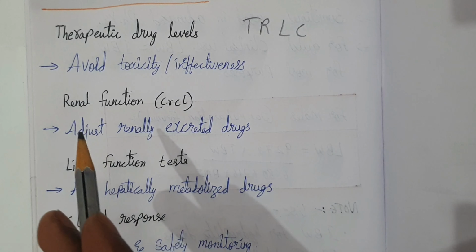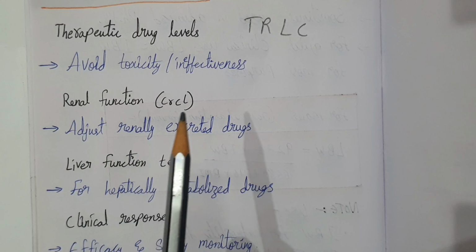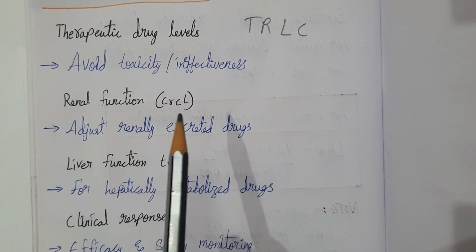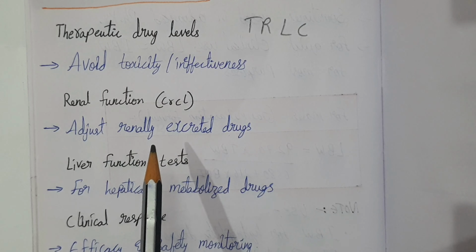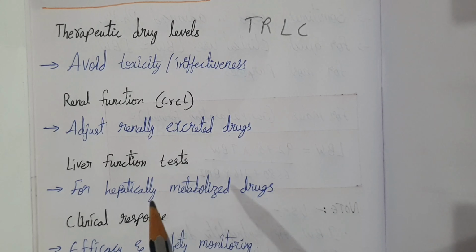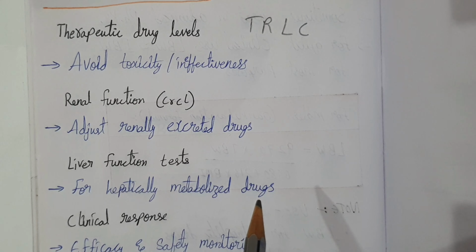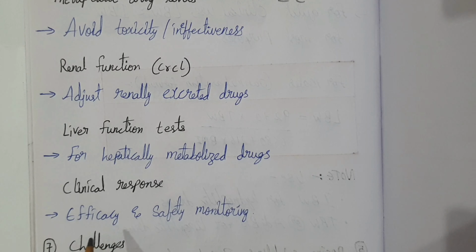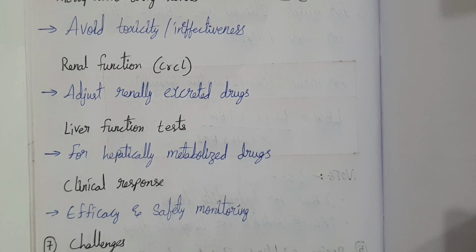T means therapeutic drug levels, to avoid toxicity and ineffectiveness. R means renal function, to adjust renally excreted drugs. L means liver function tests for hepatically metabolized drugs. C means clinical response, that the drug is effective and safe. You have to monitor that.